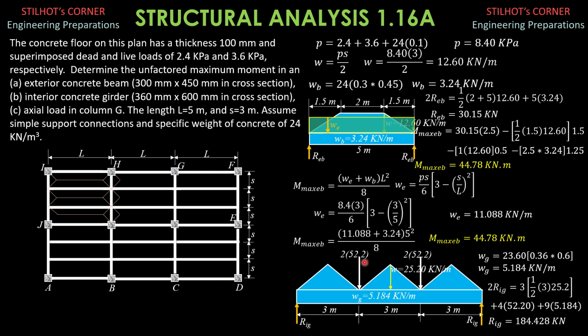By the way, this 52.2 comes from summation of vertical forces: 2 times RIB equals 1/2 of 2 plus 5 times 25.2, the load intensity, then plus 5 times 3.24, which is shown here. So RIB is 52.2 kilonewtons.